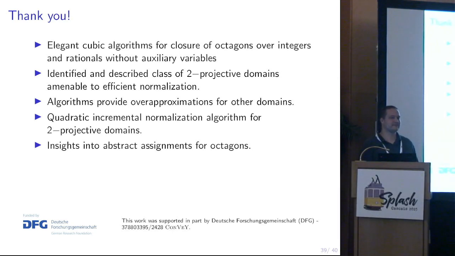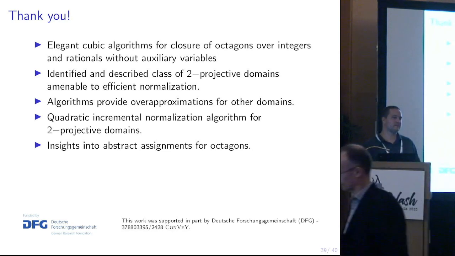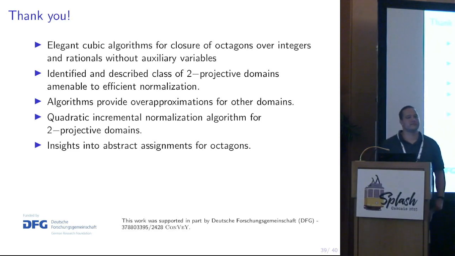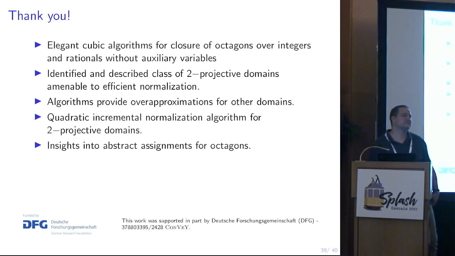Well, mine is not really a question, just to point out that there is another operation that might be interesting, which is reduction for octagons, which is the inverse of closure. And this has its own uses, for instance, to provide the user with a reduced output when they want to look at the computed invariants.